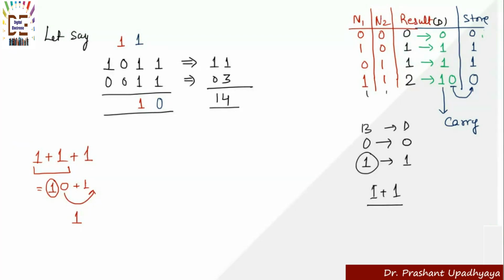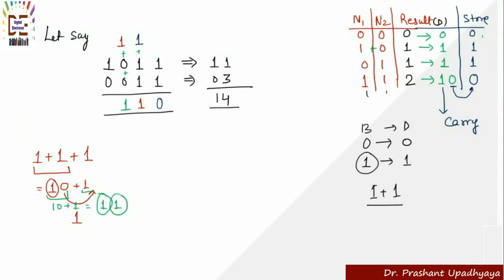If you want to understand what you can do, see, 1 plus 1 is your 10. Okay. And 10 plus 1 is your 11. Okay. So what you will do? You will make 1 here and this 1 will be your carry. See, I am telling you all the possible ways of doing the solution. Now add this 1 plus 0, 1, and again 1 plus 0 is 1.